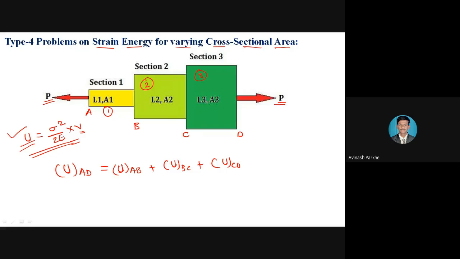If I add the strain energy stored in all three sections, it gives the total strain energy stored in this bar of varying cross section.